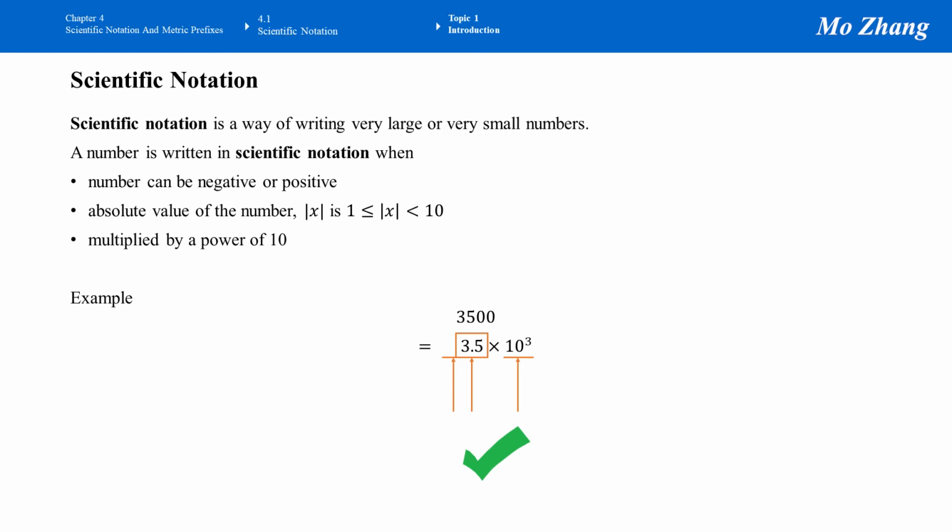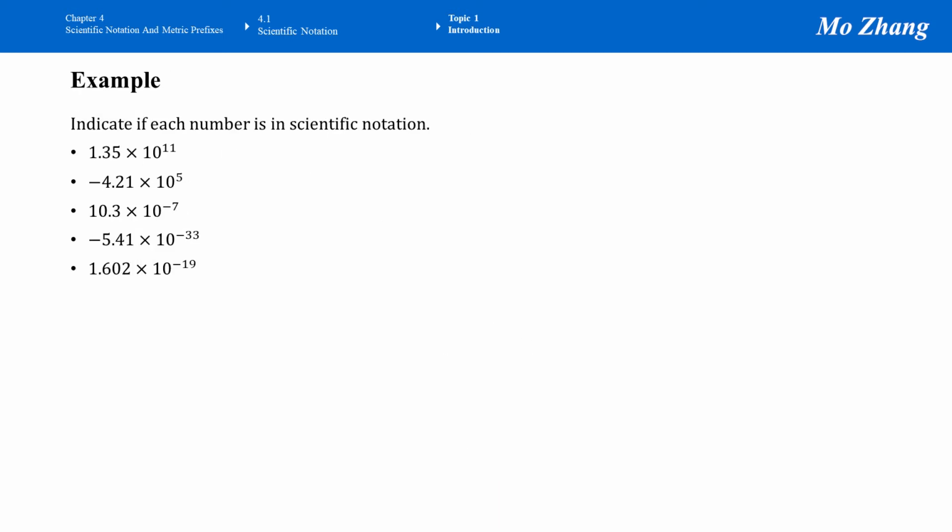Here we have 5 more examples. Let's check each of the numbers to see which are in scientific notation and which are not. The first number is 1.35 times 10 to the power 11. It's a positive number, so it meets rule number 1.